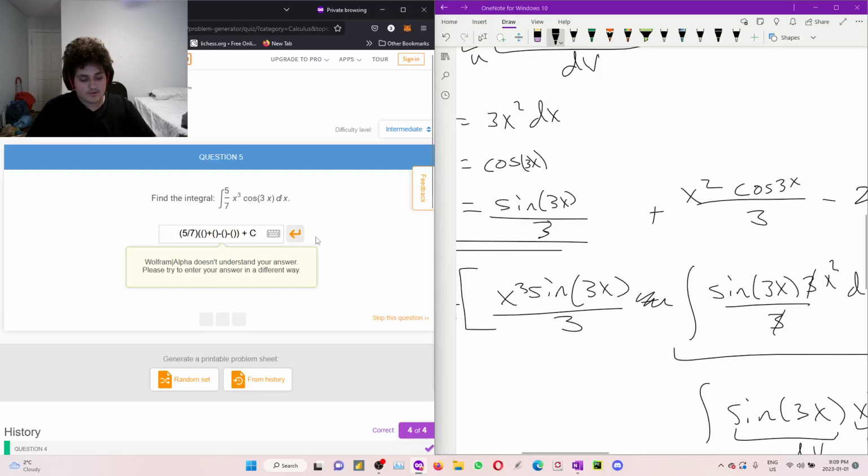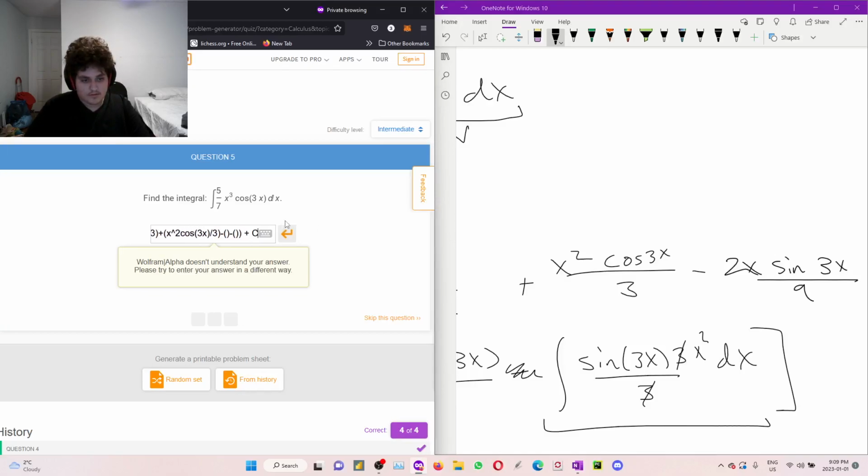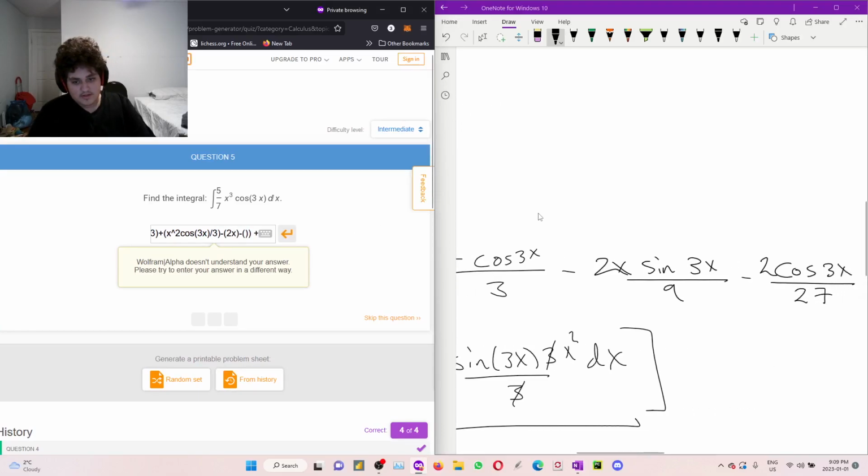Here it's x cubed sine 3x by 3. Here it's x squared cos 3x by 3. Here is 2x sine 3x by 9.